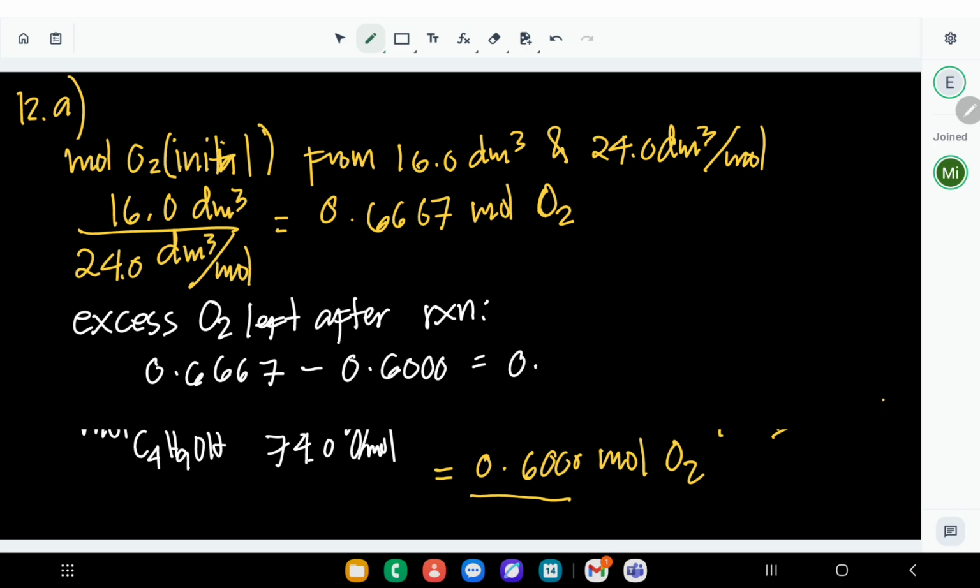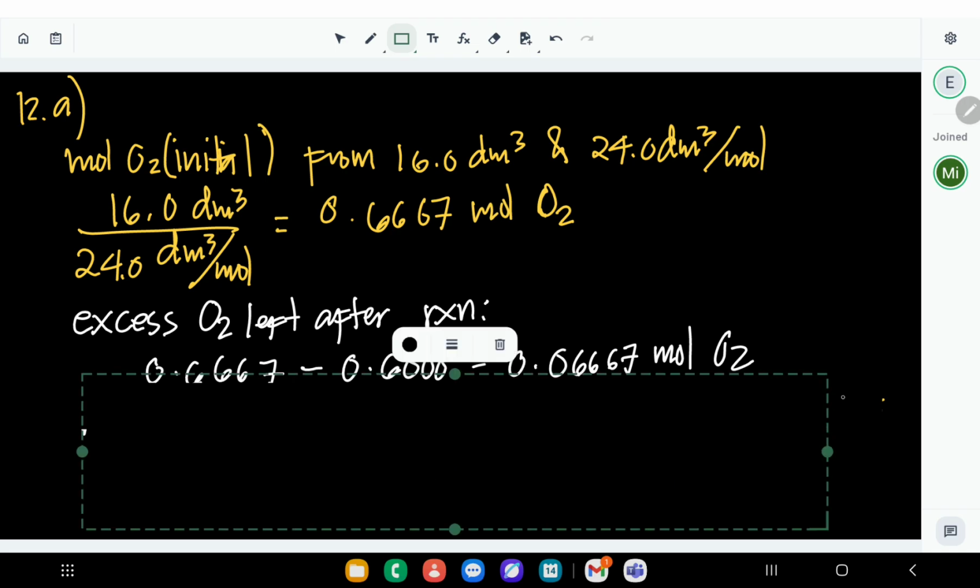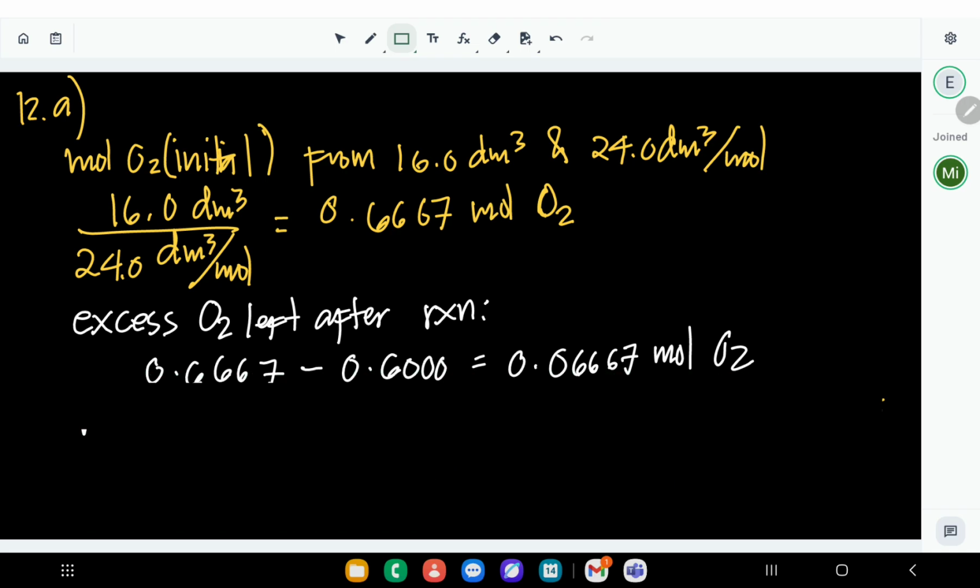So this is just 0.06667 mole oxygen. And now we can calculate the number of moles of CO2 produced, because what is asked here is the final volume of the mixture of gases. So let's calculate the number of moles of CO2 produced.